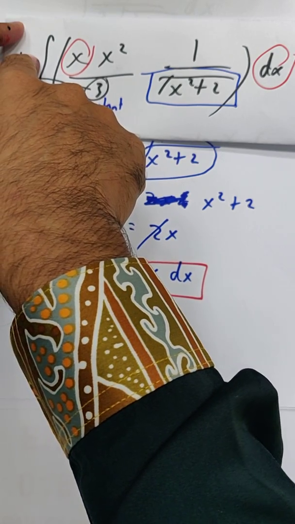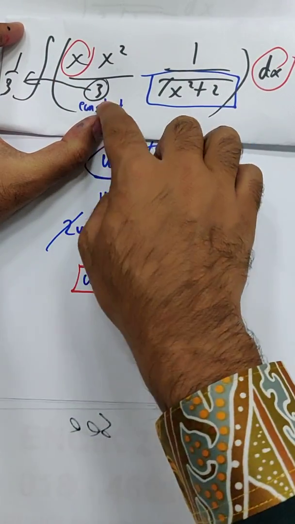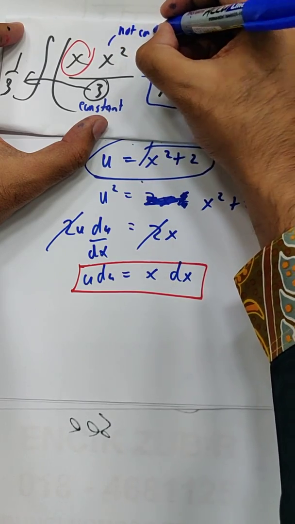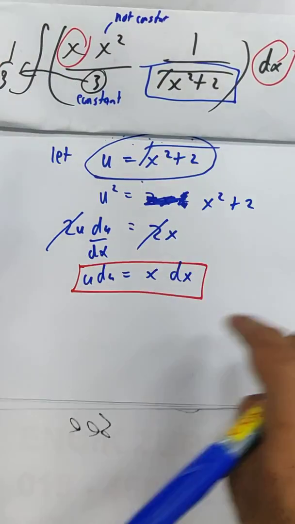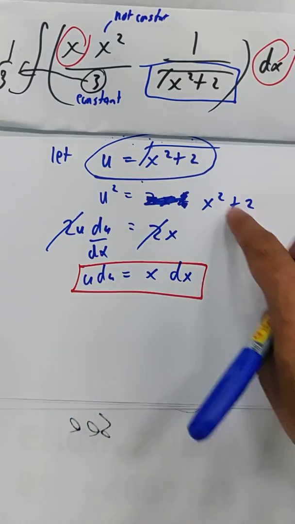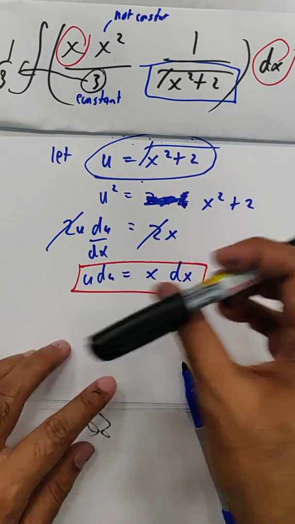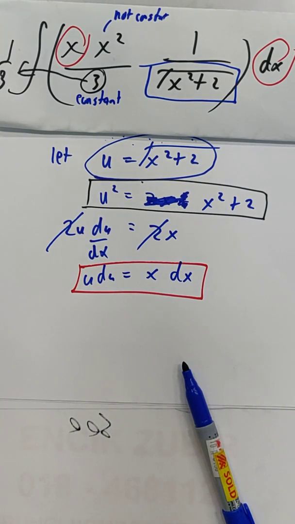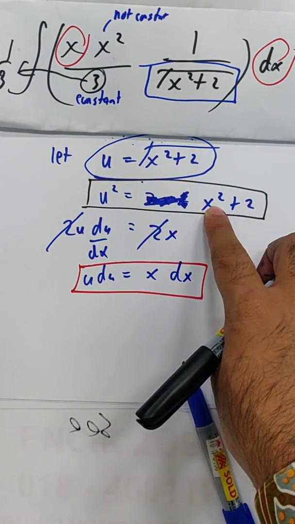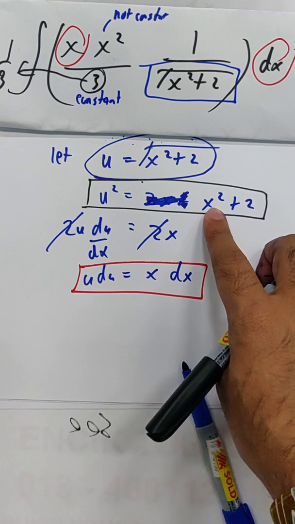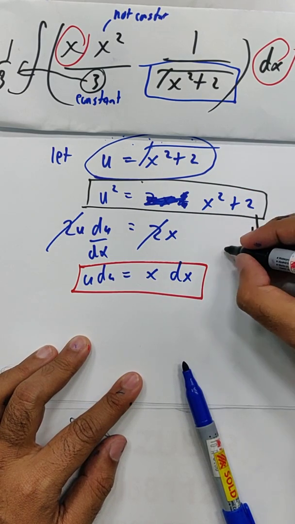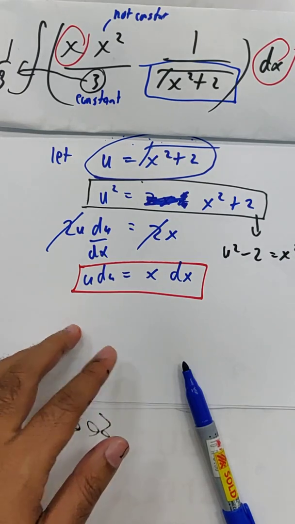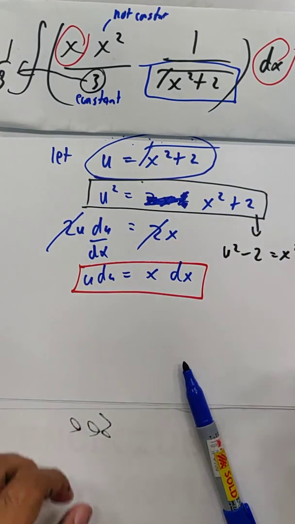I cannot. Why? Not a constant. Can I find any x squared somewhere around here? Yes, it's here. But this one is x squared plus 2, sir. Just easily manipulate it. It becomes u squared minus 2 equals x squared. And then substitute here.